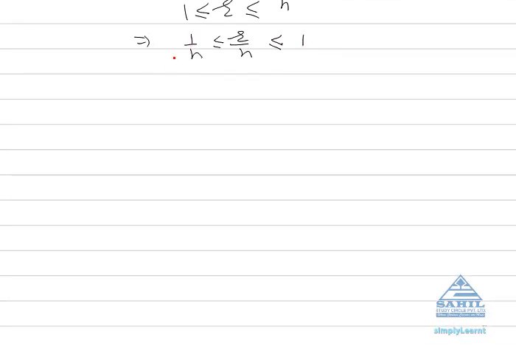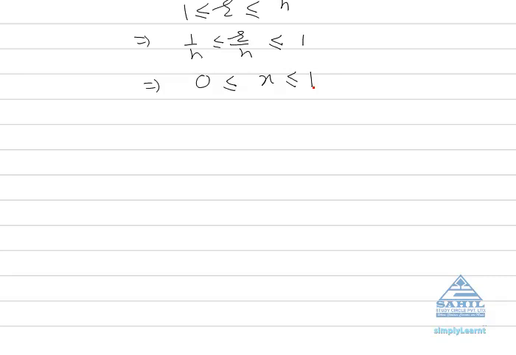Now 1 by n is very small as n tends to infinity, so it is nearly 0. So this will be 0 to 1, where r by n is x. So x is varying between 0 and 1.